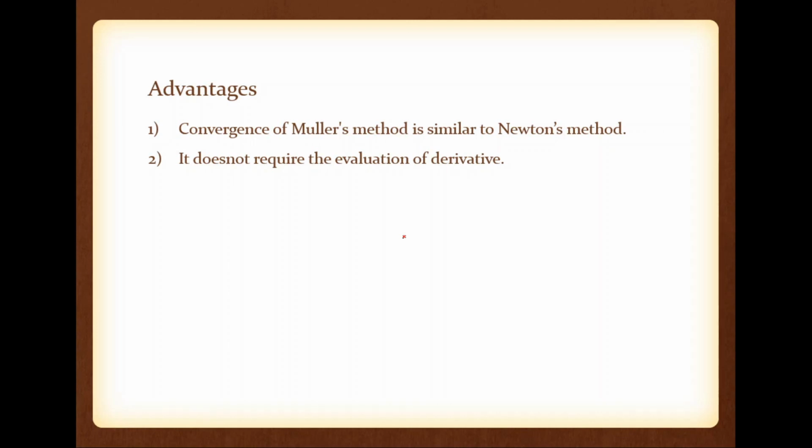In Newton's method, what did we do? If you have f of x, we are finding f dash of x. In some situations, it is very difficult to find the derivative. At that point, what do we have to do? We have to find f dash of x0 by using numerical differentiation.